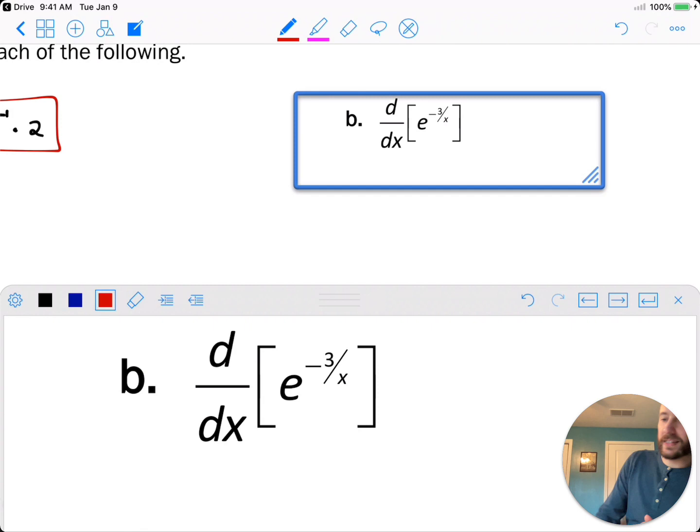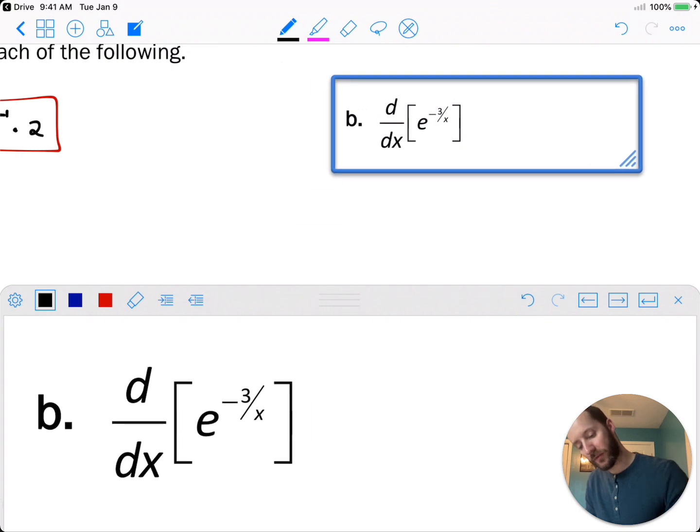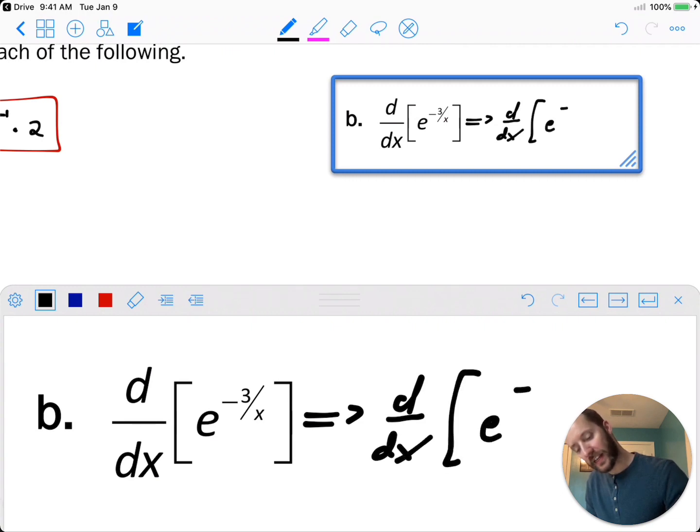So looking at example B, same kind of deal. Taking the derivative of e. Let's go ahead and rewrite it. e to the negative 3x to the negative first power. Okay?